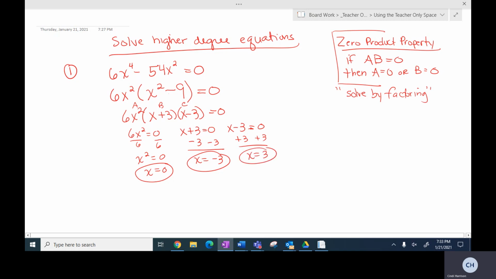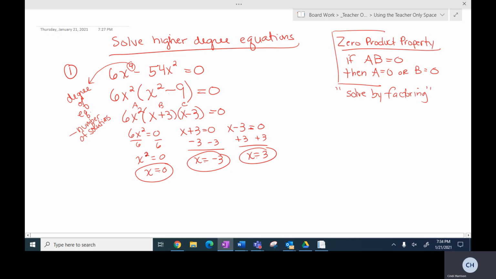Now, one thing you might want to notice, the degree of the equation is this highest exponent here. That is the degree of the equation. That tells us how many solutions, and later on, we'll see that also tells us the number of x-intercepts. But what I want you to notice here is I have 3 solutions, but I should have 4.